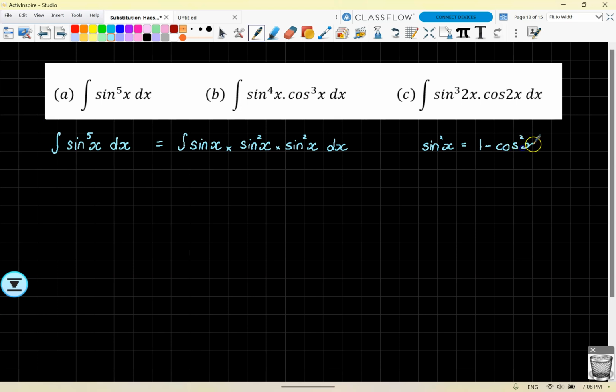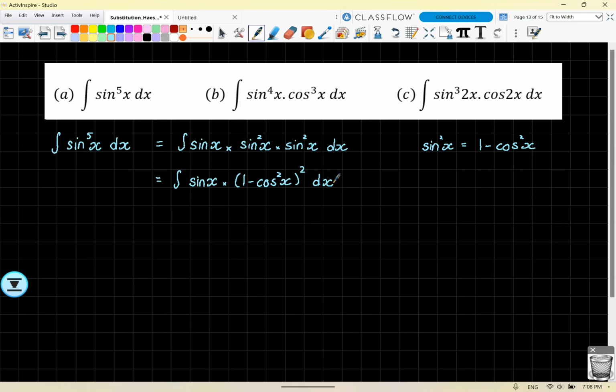And as soon as we've got that, maybe we've got some options to see what we can do. Now, what we will do is we'll keep that sine x, and I'll replace the sine squared with 1 minus cos squared. And of course, because we've got that times again, I'm just going to put the squared there.